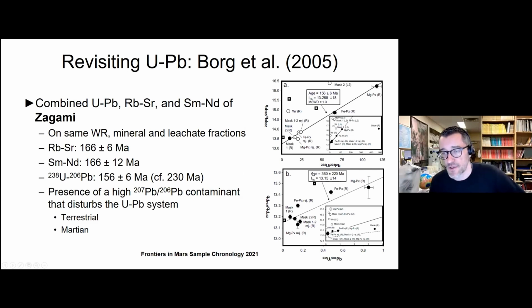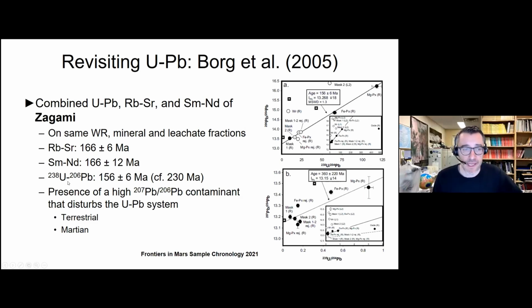They also noted that in 235-207, they have really no age significance. This 360 plus or minus 220 million years is really uncertain, and it's really just done by selecting particular residues.